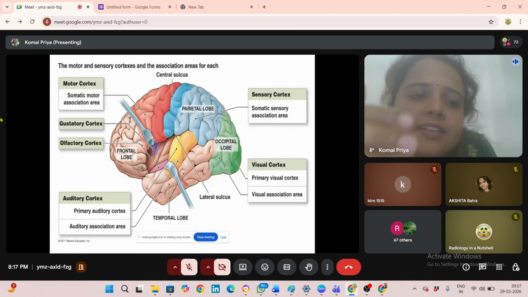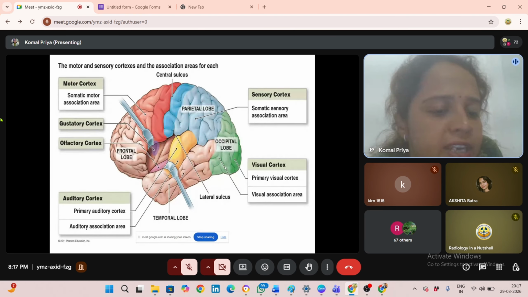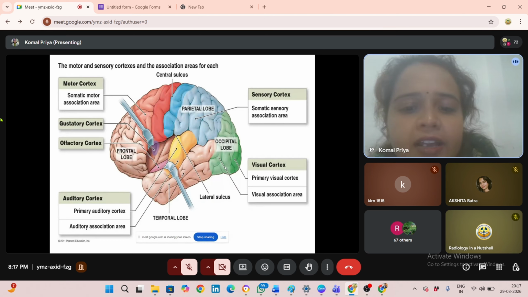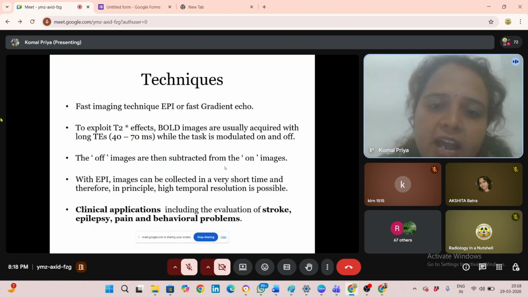Yes, ma'am. This image is just about the areas of the motor cortex, olfactory cortex, auditory cortex, like when you hear, which cortex is responsible. When you are doing any movement, the motor cortex is responsible. Okay, when you are hearing, the auditory cortex, and like all the cortexes you can see here, sensory, visual, those areas will show signal intensity brighter, like how it is in this image.